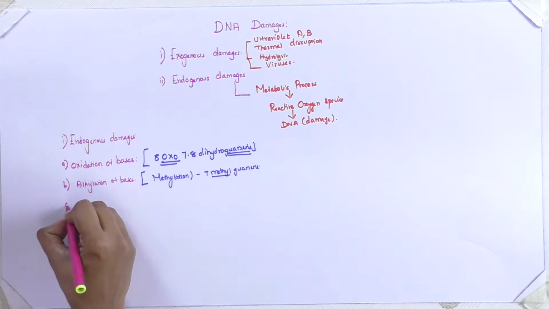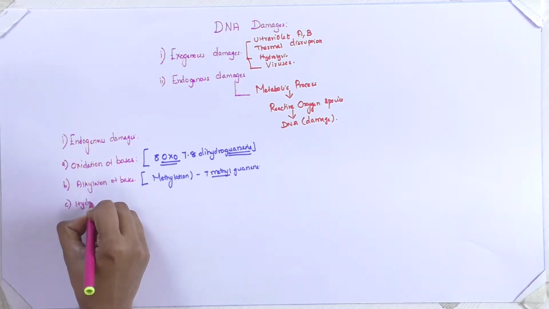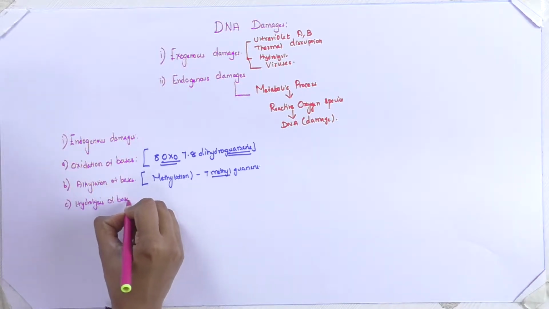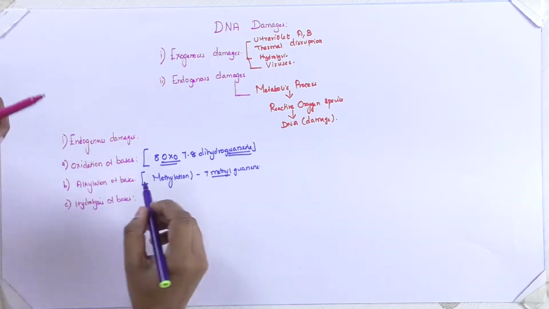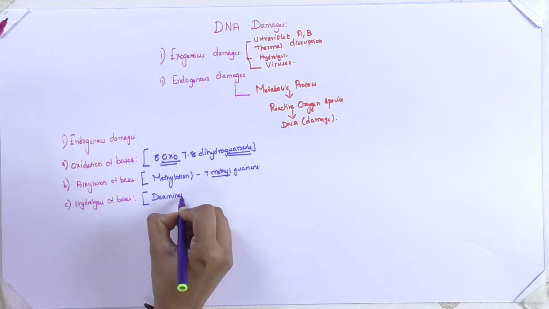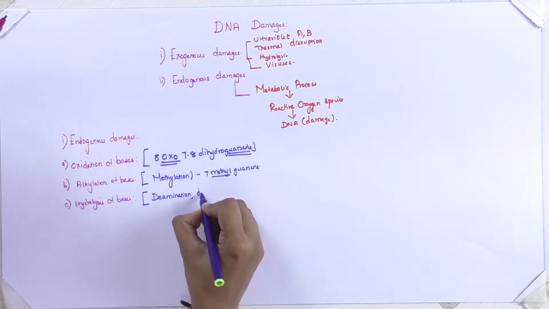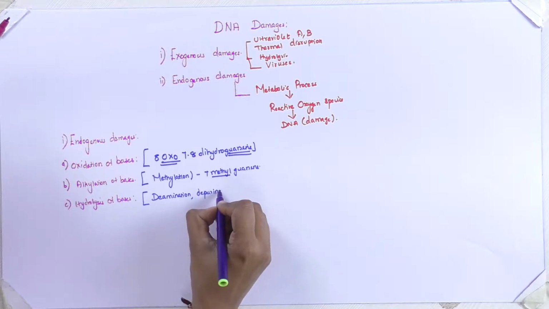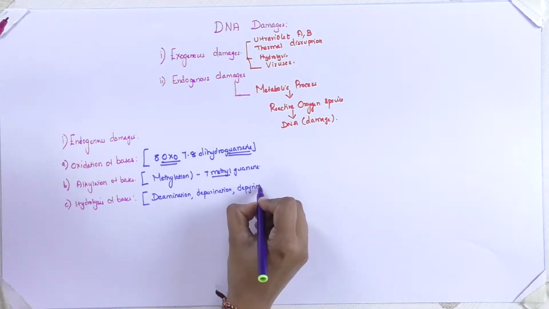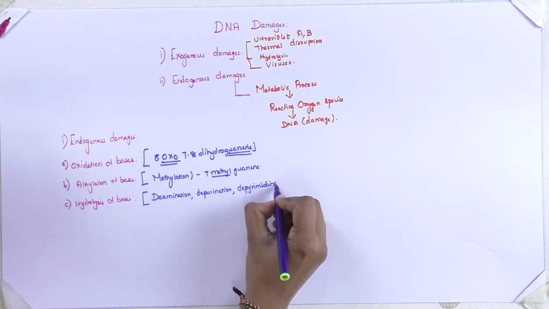The third one is hydrolysis of bases. Examples are deamination, and you can also take depurination and depyrimidination.